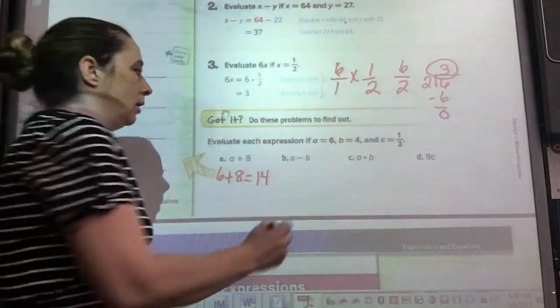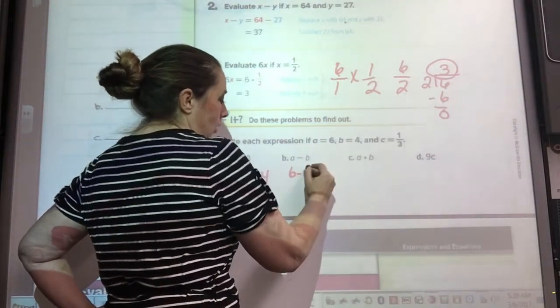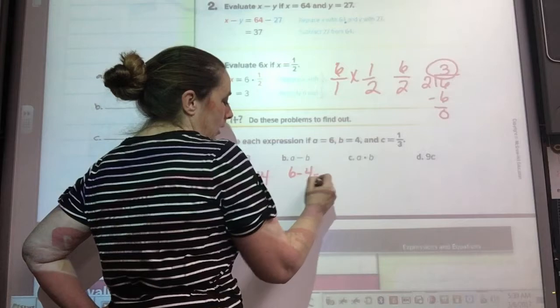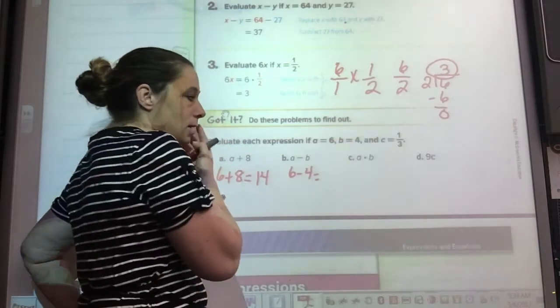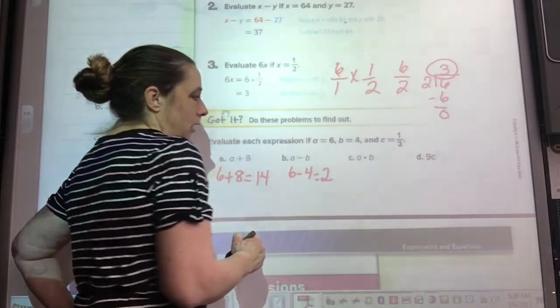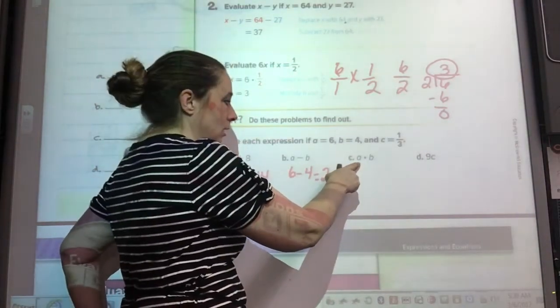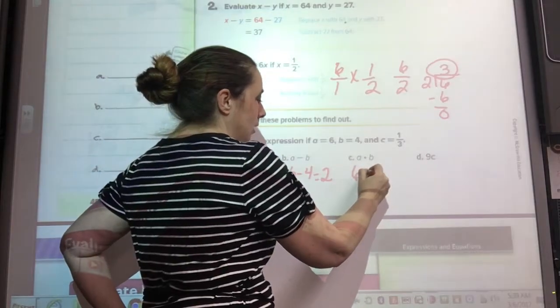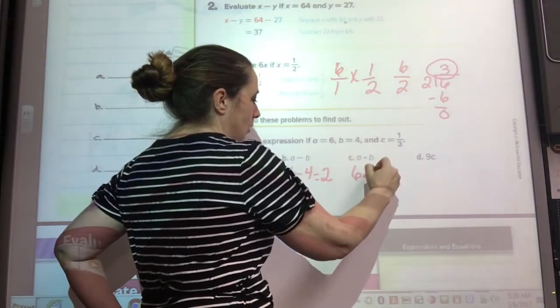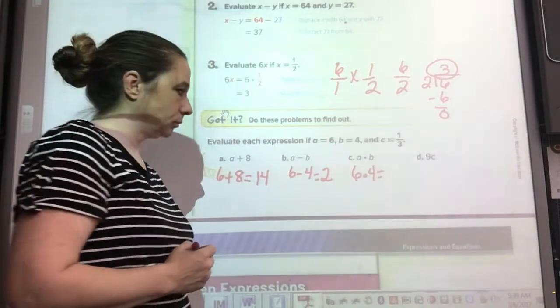A minus b. Again, a is 6, so plug in 6 for a. b is 4, plug in 4 for b. 6 minus 4, 2, good. A times b, remember this dot now means times. a is 6 times b is 4. What is 6 times 4?